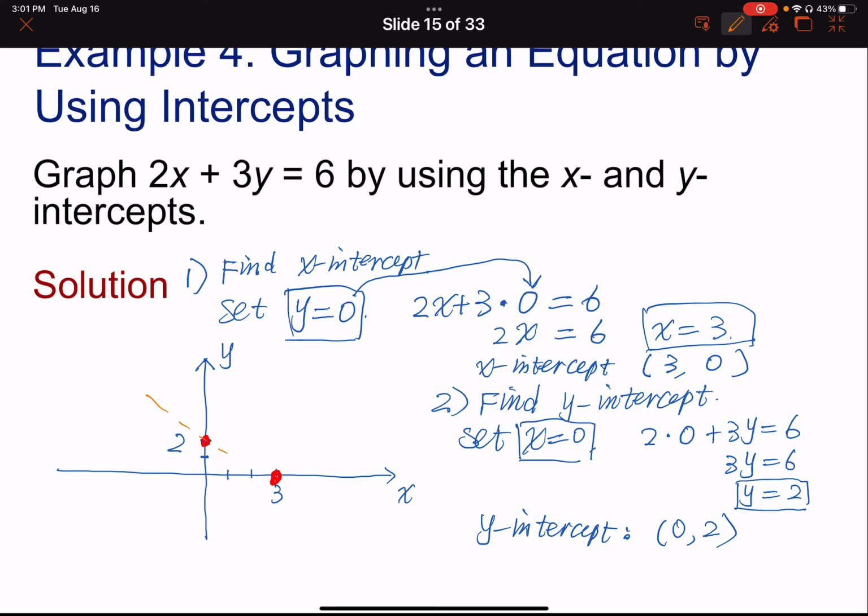So this is the line describing the equation 2x plus 3y equals 6.